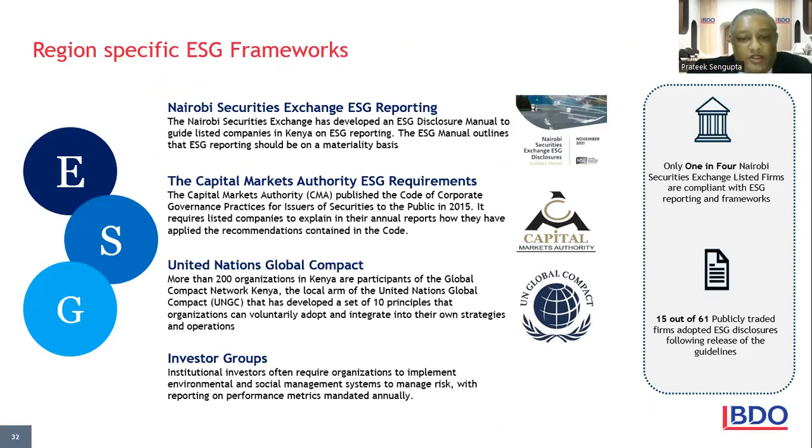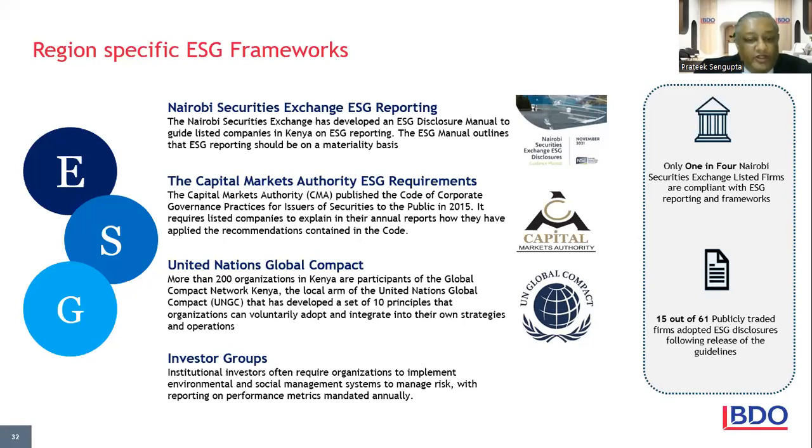The Capital Markets Authority, again in Kenya, published the Code of Corporate Governance Practices for Issuers of Securities to the Public in 2015. It requires listed companies to explain in their annual reports how they have applied the recommendations contained in the code. The UN Global Compact: more than 200 organizations in Kenya are participants of the Global Compact Network Kenya, which is the local arm of the UNGC, that has developed a set of 10 principles that organizations can voluntarily adopt and integrate into their own strategies and operations.